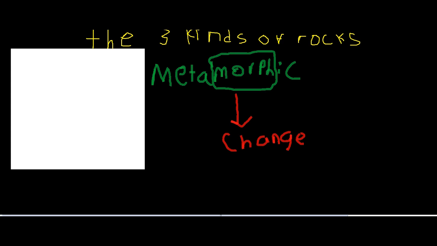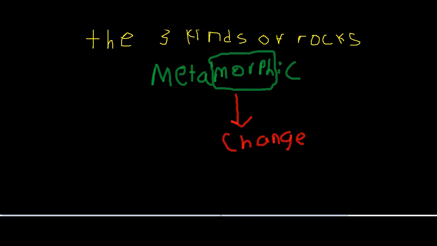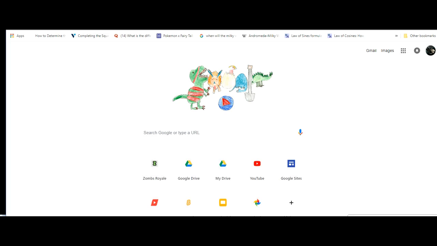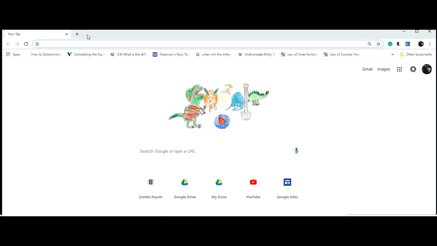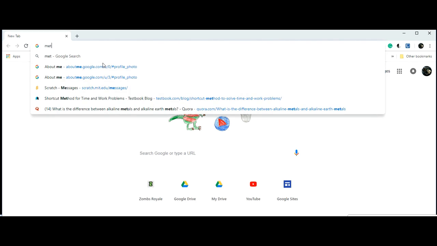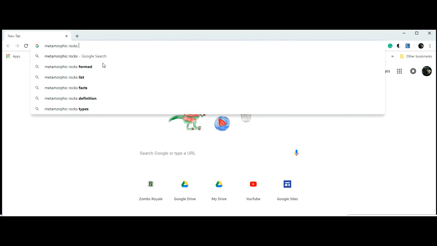So, Google. I'm searching up metamorphic rocks formation model.